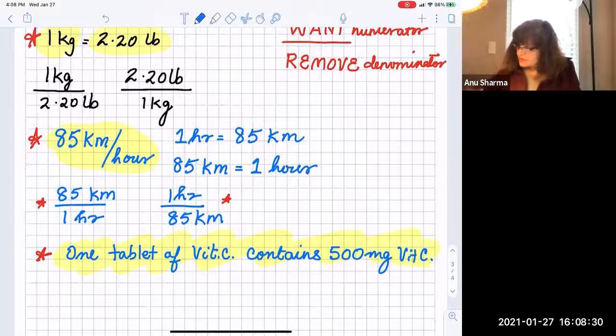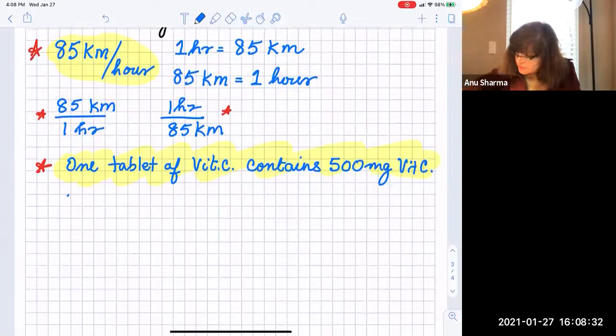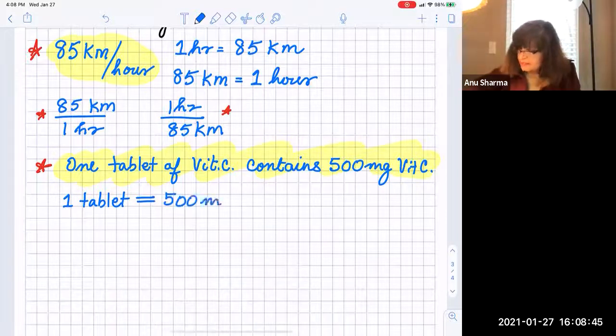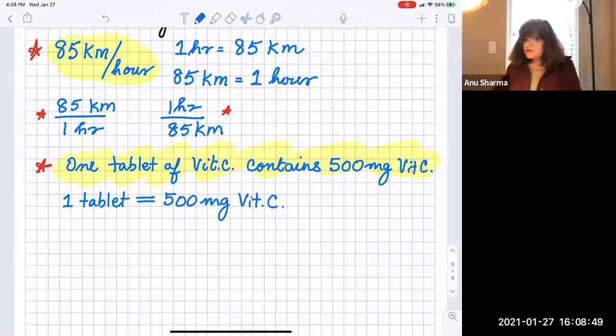So first thing is, one tablet means one tablet contains 500 milligrams vitamin C, means is equal to 500 milligrams vitamin C. Okay.